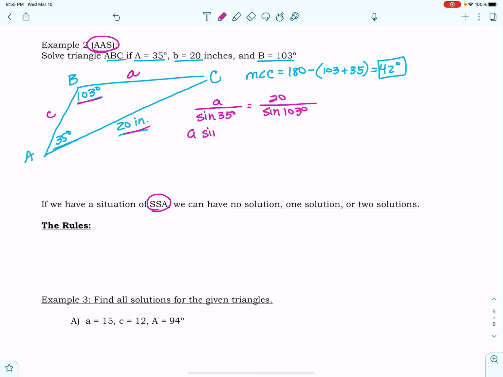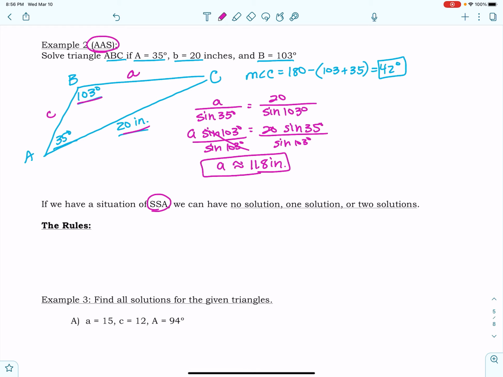So A times the sine of 103 equals 20 times the sine of 35, divide both sides by sine of 103. And then I have A is approximately, and of course you're going to type this into your calculator. Sorry I'm not showing you that, but my videos are getting too long, I'm afraid. Okay, and then I've found A, I found my other angle at 42 degrees, so now I'm ready to find side C.